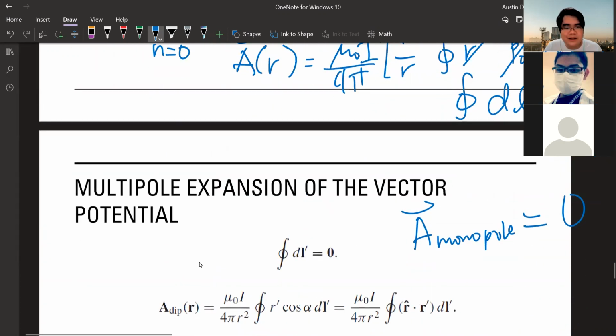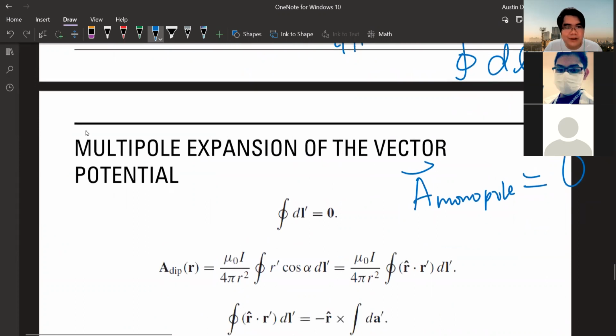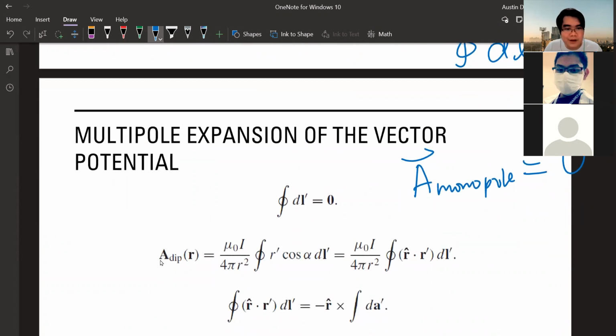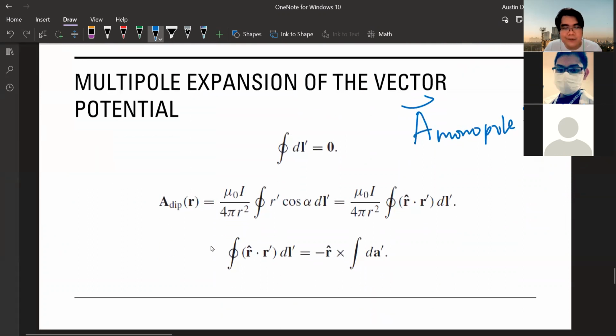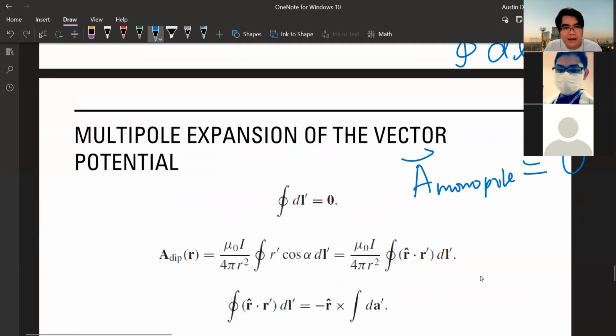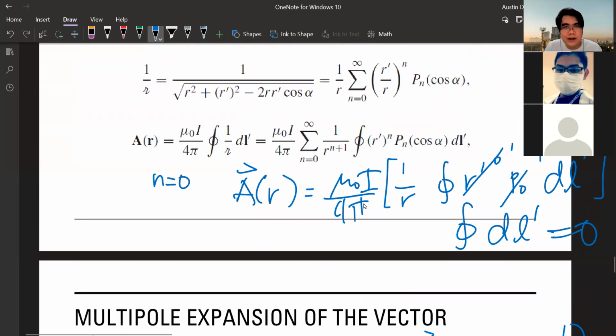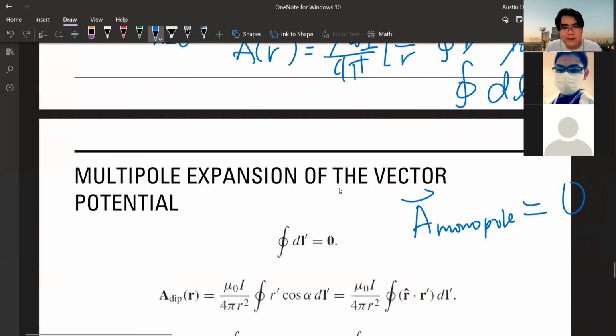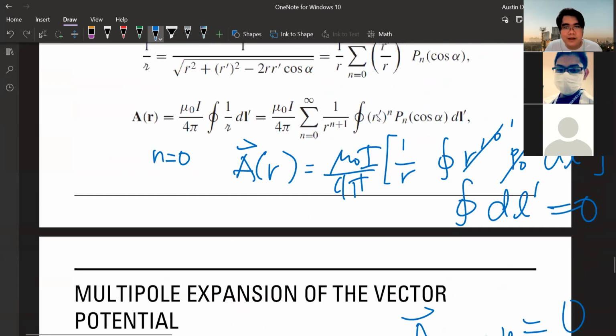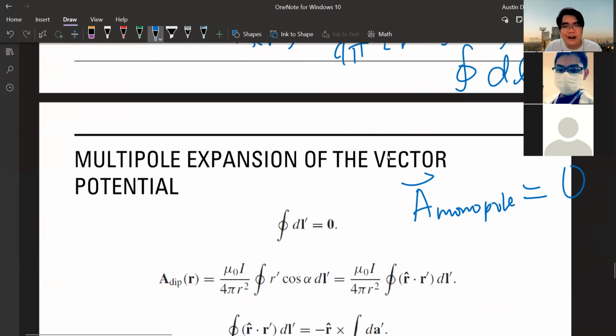Okay? So, nagsistart yung the greatest contribution would start from the dipole contribution. Okay? So, when we plug in the dipole contribution here, so lagay mo lang n is equal to 1. So, magiging r prime tapos P1, which is just cosine alpha.